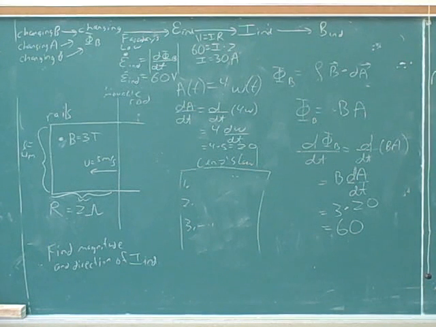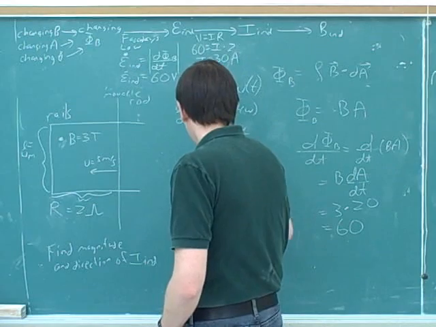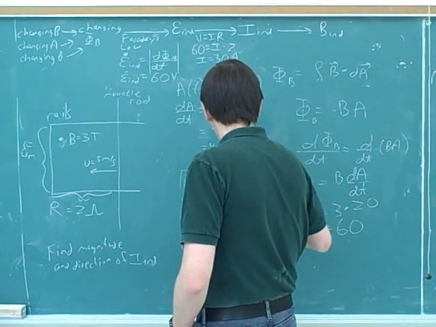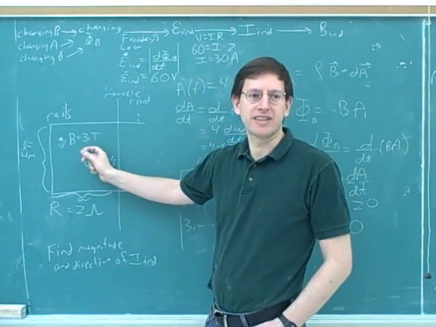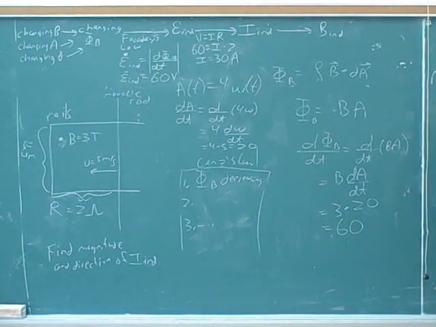And I think as the area is decreasing, the magnetic flux is going to decrease. Good. That's our step 1 for Lenz's law. Step 1 is to determine the change in the magnetic flux. Well, if the loop contains less area, then it's going to be less flux going through it. So that's our step 1. Good.